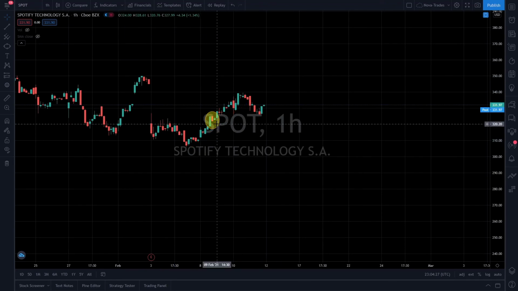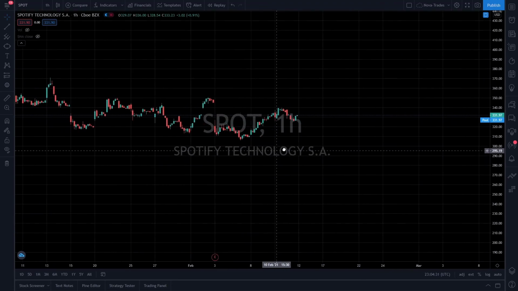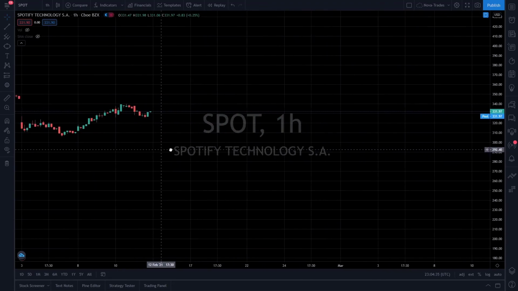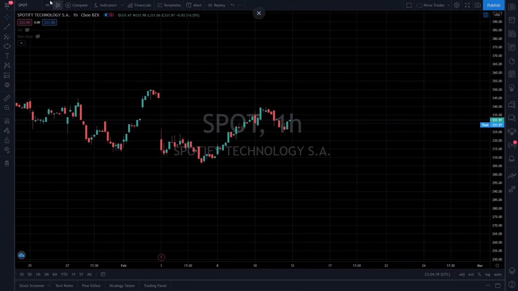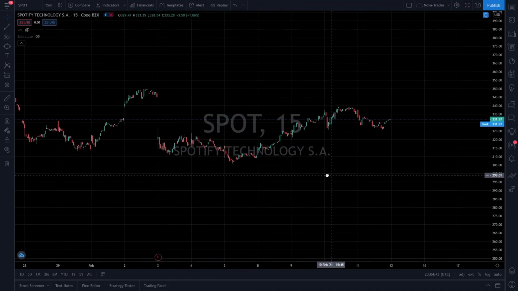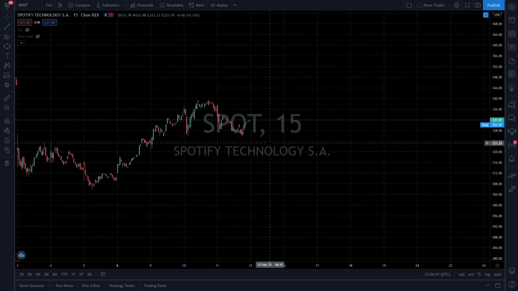Like I said, today's not the best day to be trying to do trend lines just because the market was so up and down. But I want to give you guys somewhat of a tool that you can start incorporating more into your trades in conjunction with the horizontal support and resistance lines. So let's do one more quick thing with Spotify. Let's say that we're in the market right now.